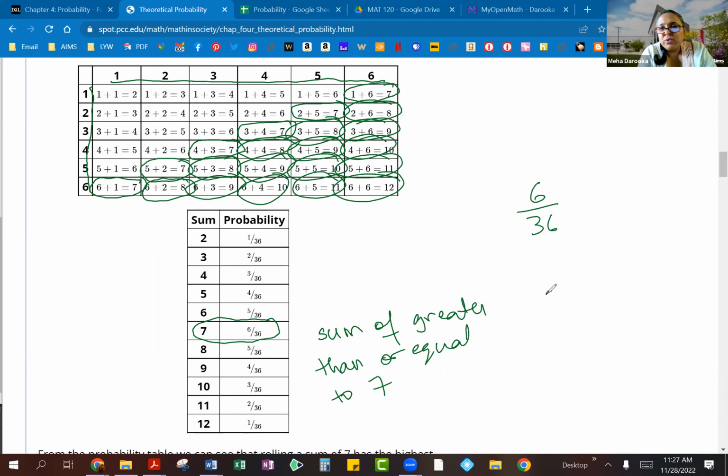So you've got a total of 21 events out of 36. And that's the number, Brooks, you shared with me. So yeah, that was great. Those are the total outcomes which will satisfy this, and that's what you are looking for.